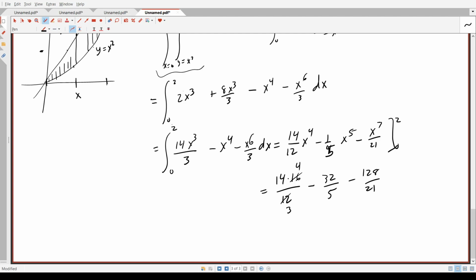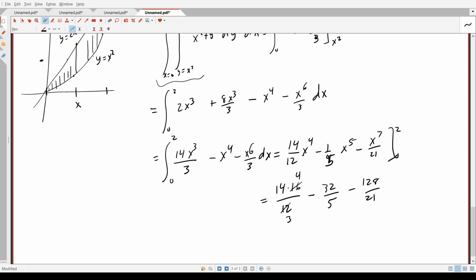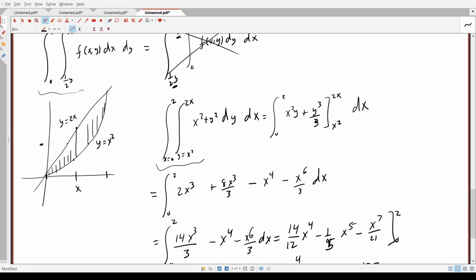There we go. Okay, so they work out to be the same thing, even though the bounds look very different. Even though this one has x's in the bound and even though this one has y's in the bounds, we don't just flip-flop them. We have to actually look at the region that we're interested in and figure out the bounds for ourselves.